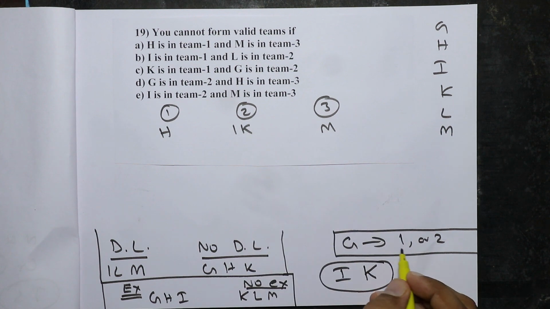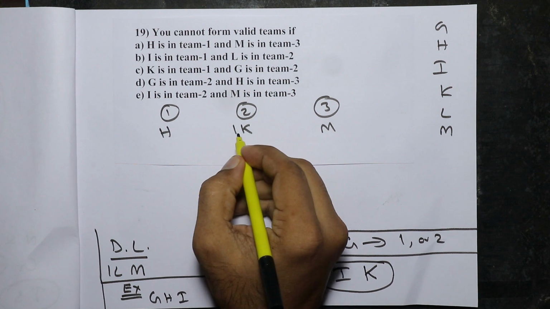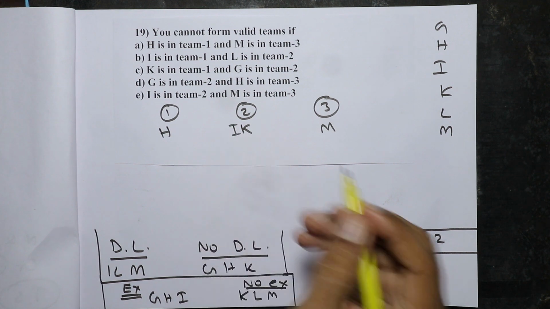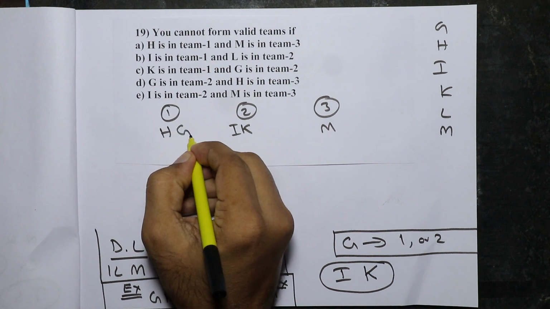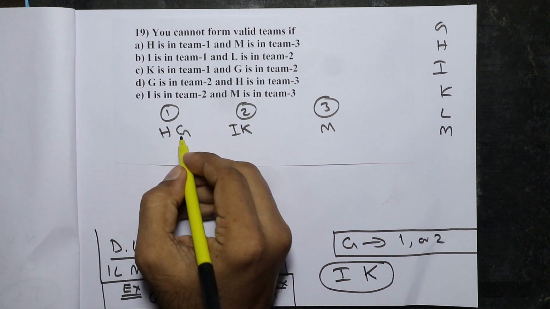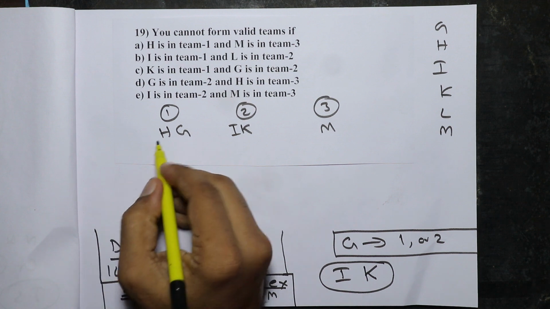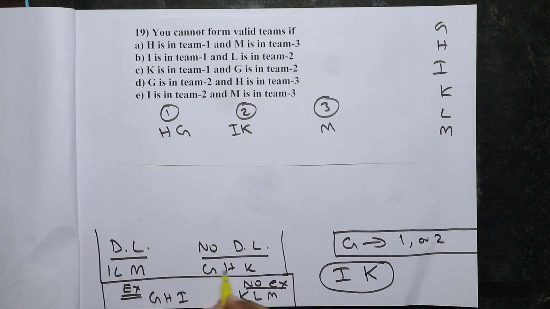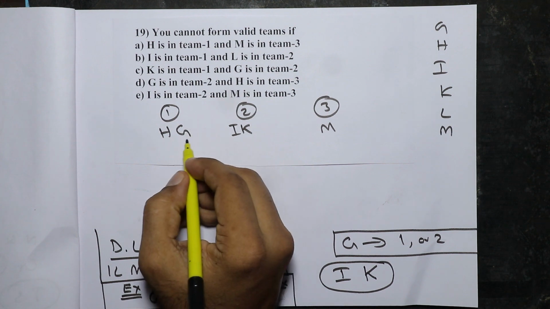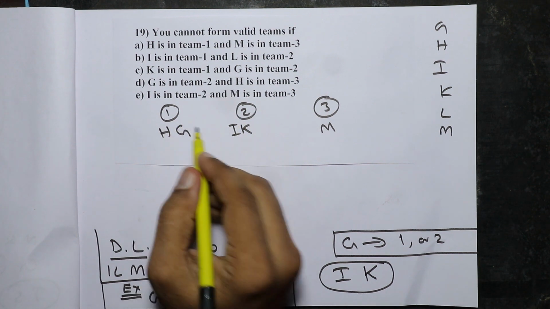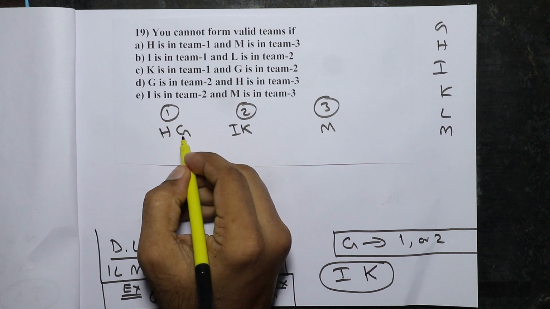Now G should be either in 1 or in 2. G cannot be in 2 because this team is fully filled, I and K. So G has to be in team 1 along with H. So if one team is H and G, you can see that neither H nor G has a driving license. So you will not be able to form the team because G has to be in either 1 or 2. 2 is not possible, so G should be in 1.